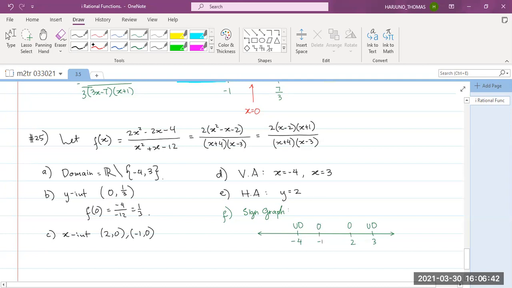Now the y-intercept we already computed earlier. The y-intercept is positive, so when x equals 0, that's positive, right? And all these critical numbers we had here, -4, -1, 2, and 3, are critical numbers with simple multiplicity of 1. So when we jump across that critical number, we change the sign.